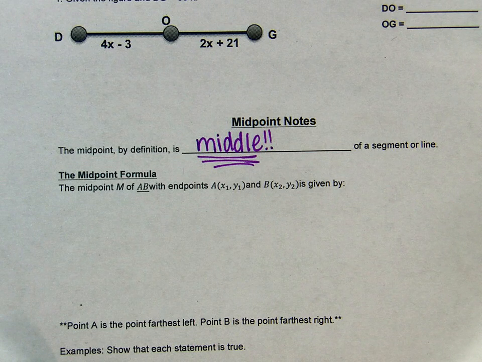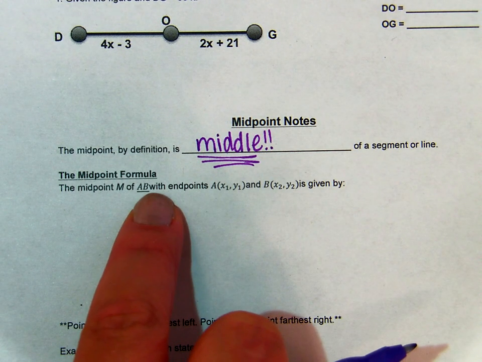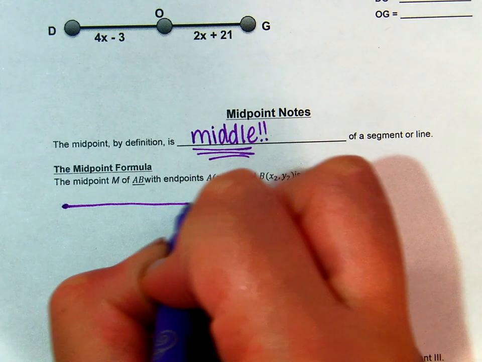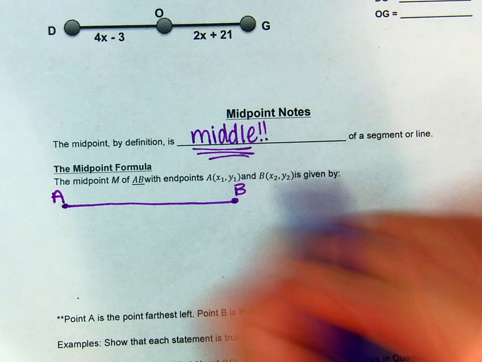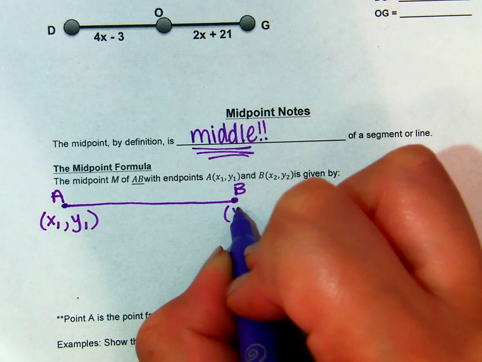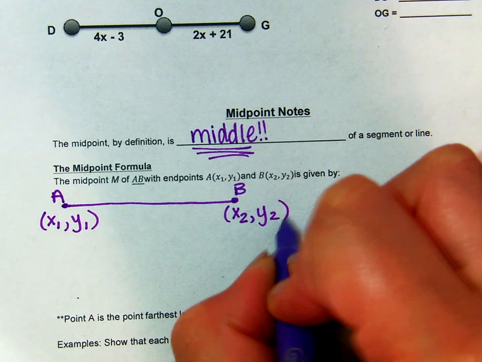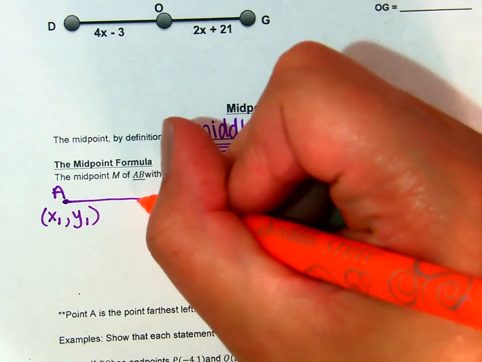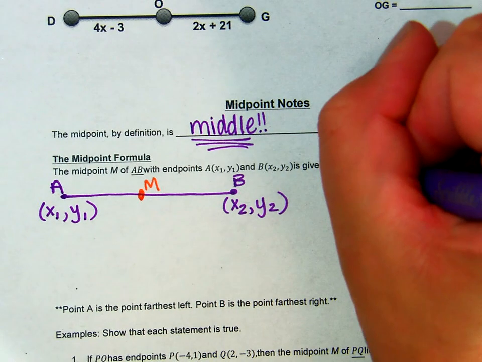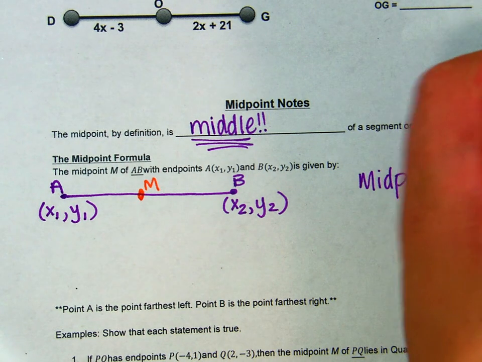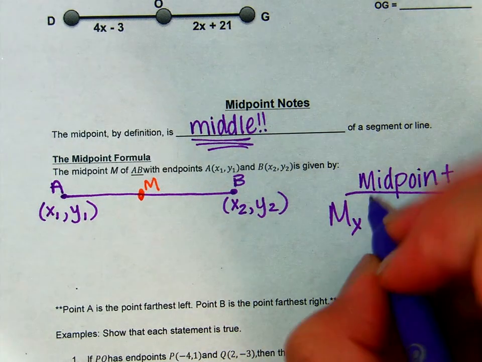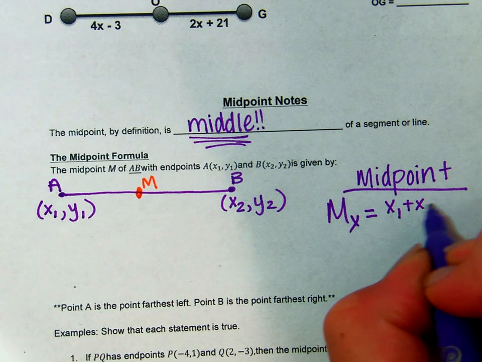So the midpoint M of segment AB with these two endpoints, if I draw a picture here because it's important, if I know that this is A and this is B, and A is x1, y1, and B is x2, y2, then the midpoint M in the middle: the x-coordinate of the midpoint is going to be x1 plus x2 divided by 2.